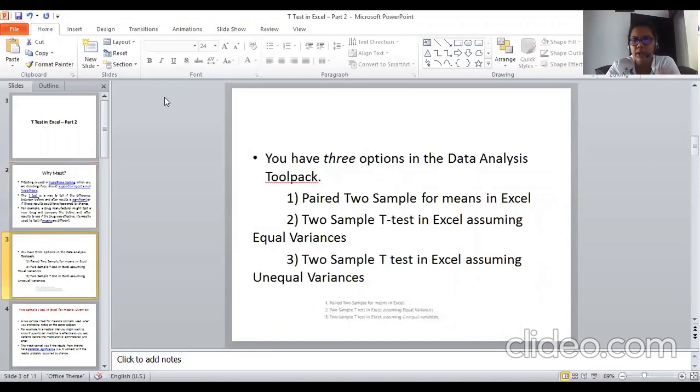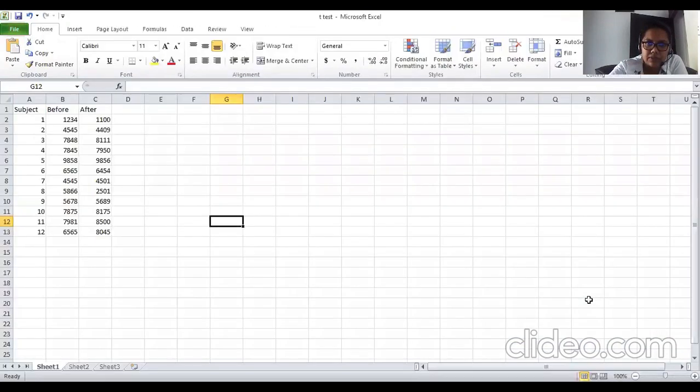You have three options in the data analysis toolpak. Let me share the screen with you. If your data analysis toolpak is not readily available, suppose this is our Excel, go to data.